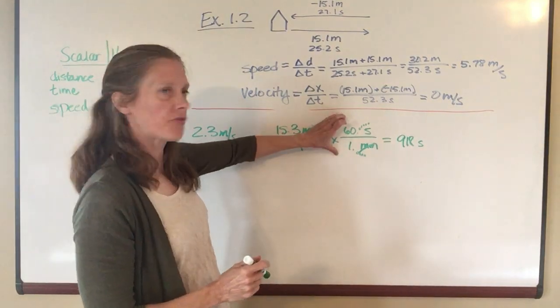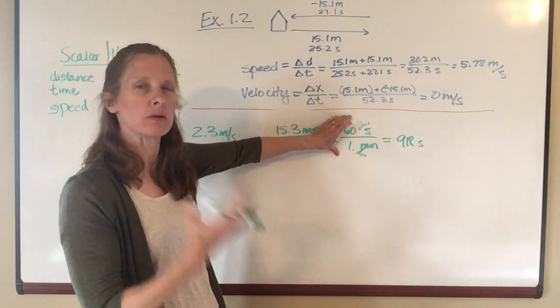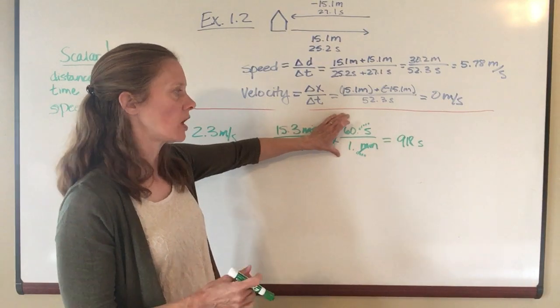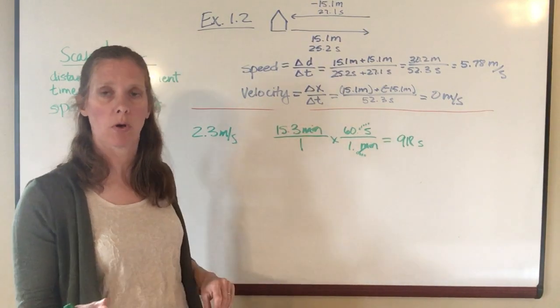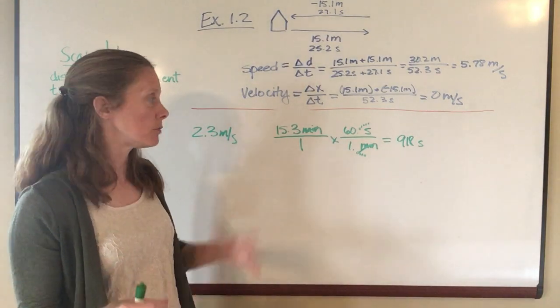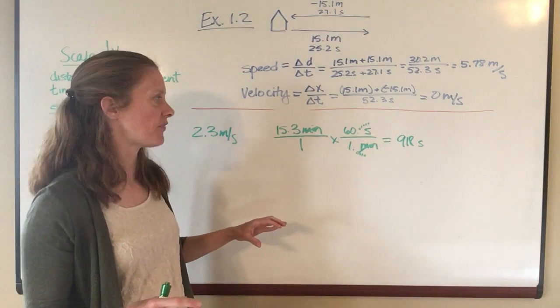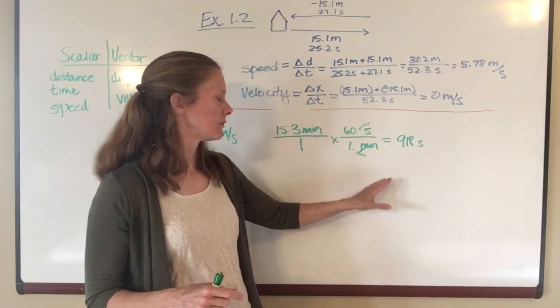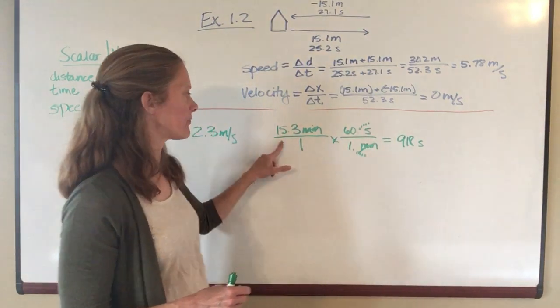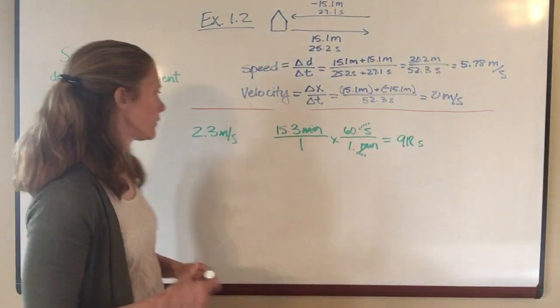So conversion factors in the majority of the time are not used in significant figures. There are some exceptions to that. I'll let you know when we come across one that you do have to remember those significant figures in the conversion factor, but for something like this, you don't worry about significant figures from a conversion factor. So I had 3 here, so I've got 3 here.